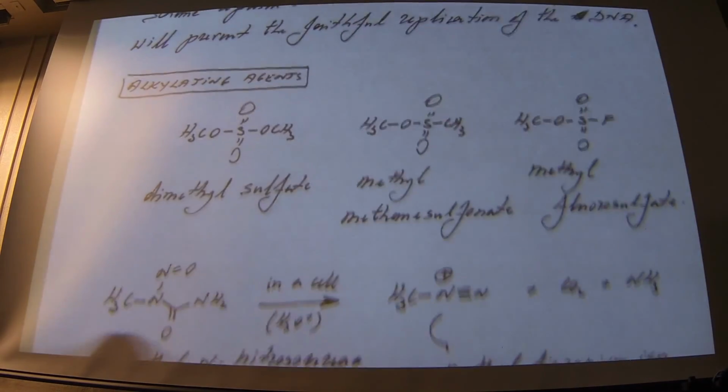Find another flat molecule that fits in between two of the bases, and all of a sudden you destabilize the structure. The other way is to wipe out one or more of the hydrogen bonds. And you can do this quite easily by alkylating the DNA.